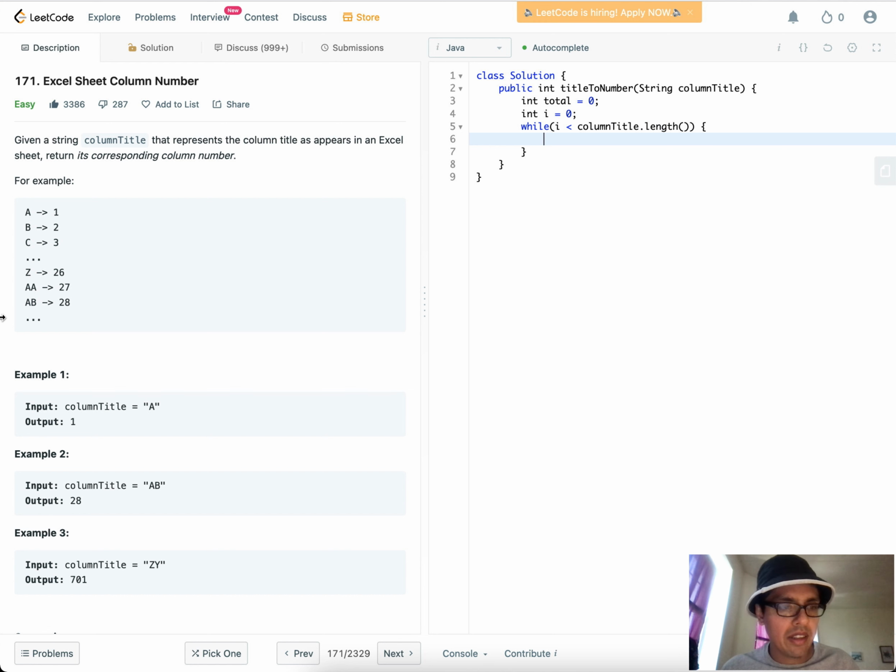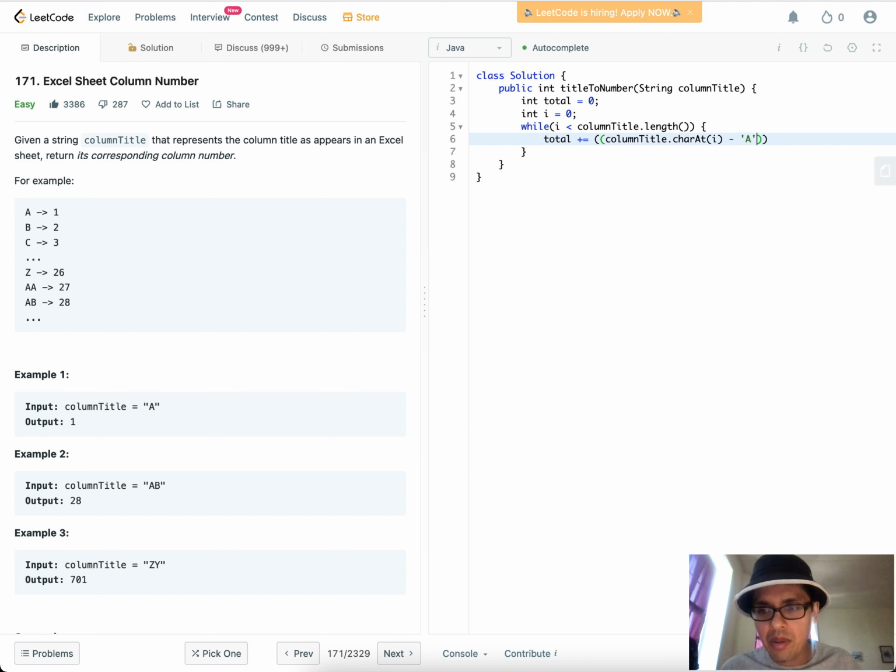If you followed what the example was, we're summing numbers, and the sum is a straightforward power of base 26, right? So we just have to take columnTitle.charAt, and now this is the slightly tricky part.